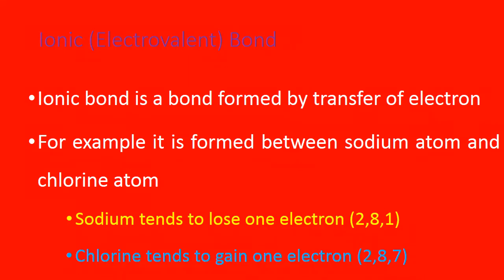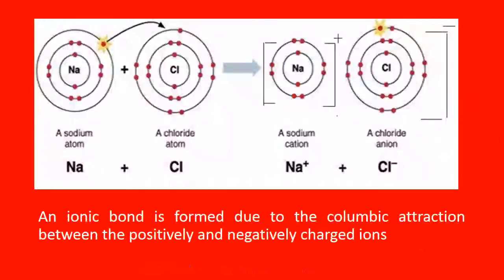When you consider chlorine, its atomic number is 17 and its electron configuration is 2,8,7. So chlorine tends to attain the configuration of argon, which is 2,8,8. To attain that, it tends to gain 1 extra electron. So 1 electron is transferred from the valence shell of the sodium atom to the valence shell of the chlorine atom.